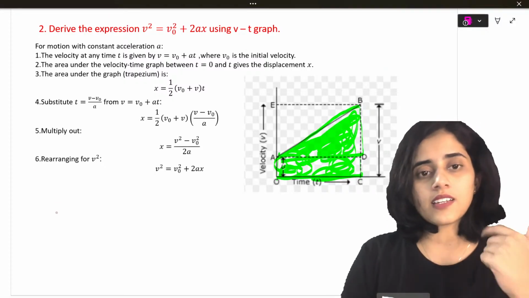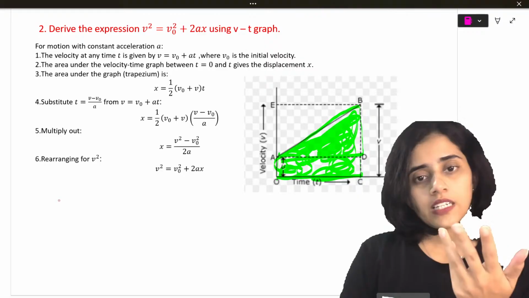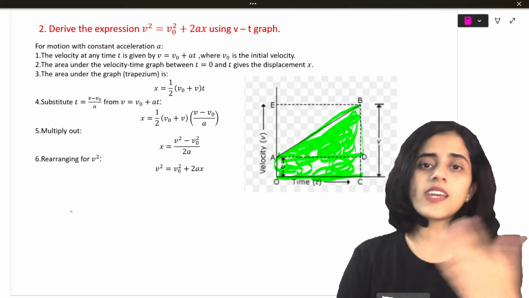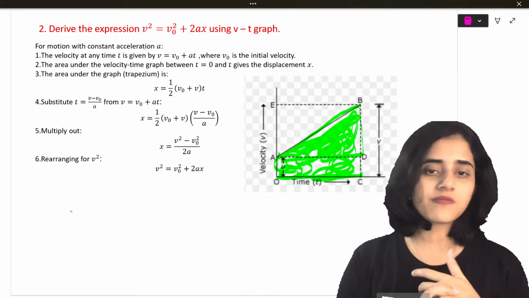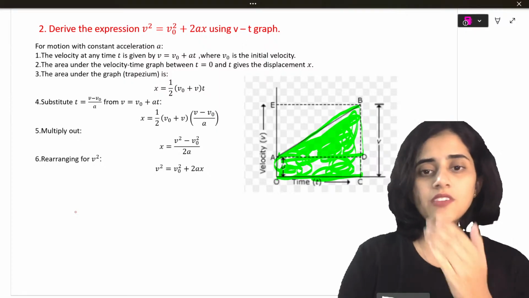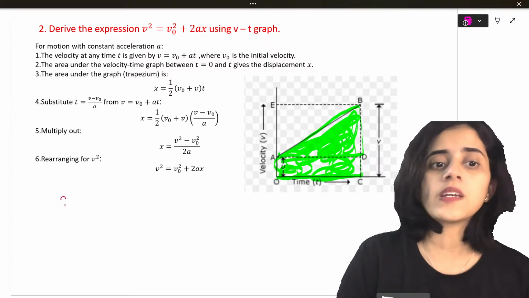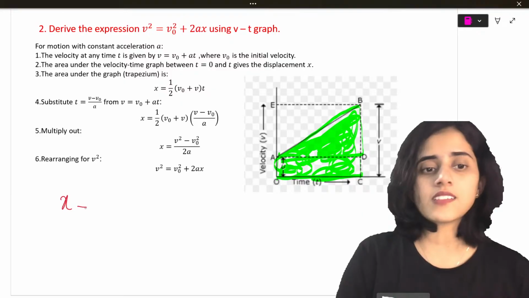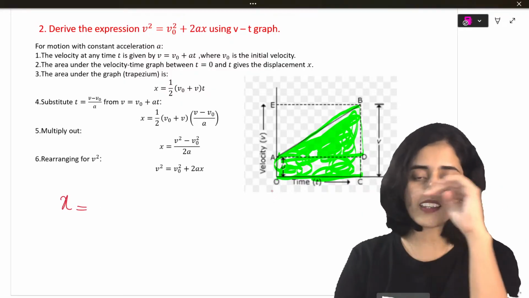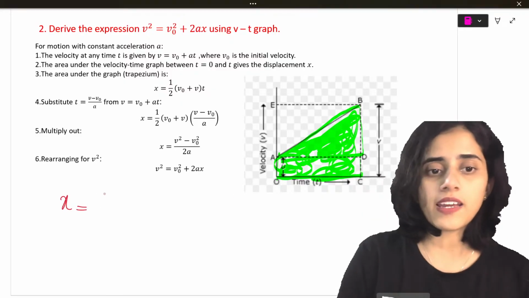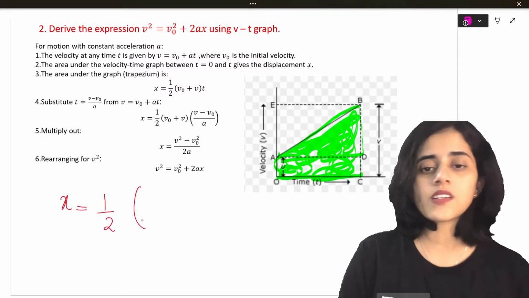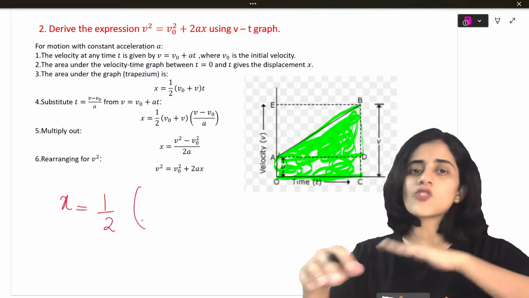So I will take the area under the graph. What does the area under a velocity time graph give? Very good, displacement. So x is equal to the area under the graph. For a trapezium, the formula is half times the sum of the parallel sides into the base.